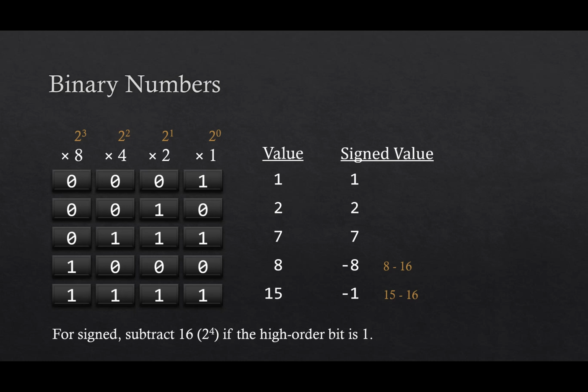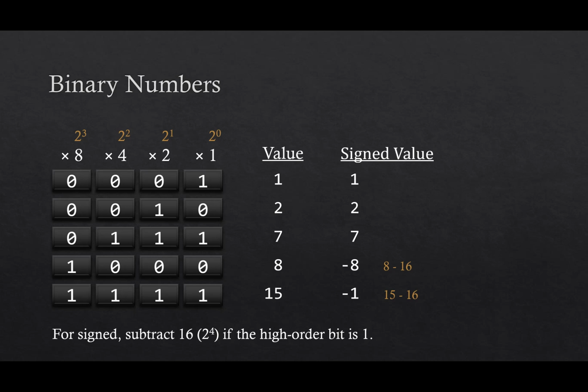And the largest possible unsigned value, with all bits 1, is going to be 2 to the n minus 1. So for an 8-bit number, all bits 1, the unsigned value is going to be 255. And we subtract 256, it's going to give us negative 1. So that same pattern is going to hold no matter how many bits we have. If all the bits are 1 and it's a signed number, that's going to be negative 1.